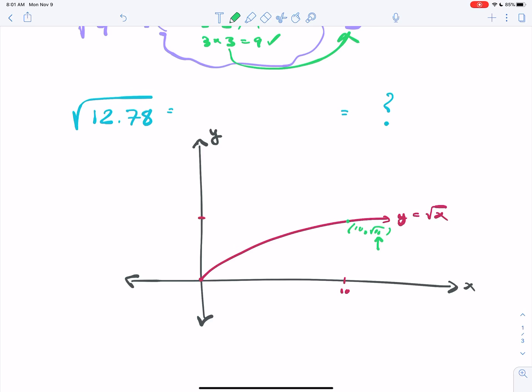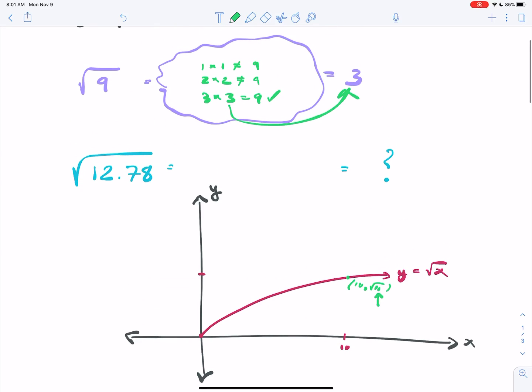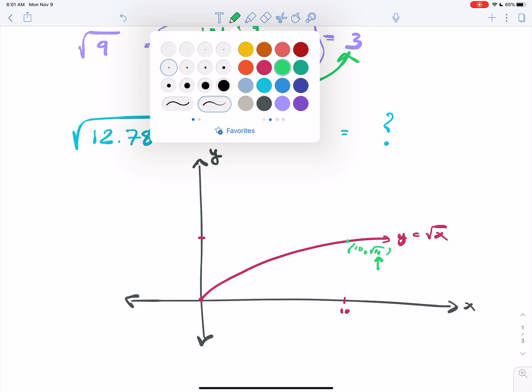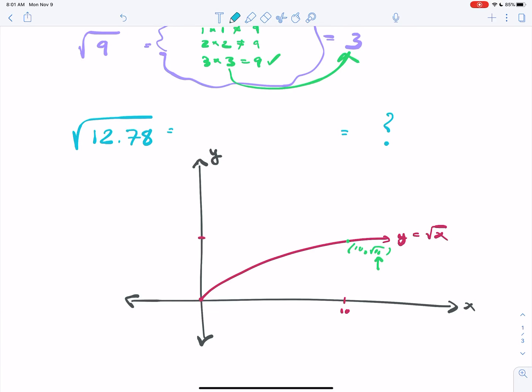So what the calculator does at a very fast rate, and this is what we call series in BC, okay? The way we apply calculus here is you think about a certain value, and I'll choose 9 because the square root of 9 is really close to the square root of 10. So the square root of 9 is right here in this blue point.